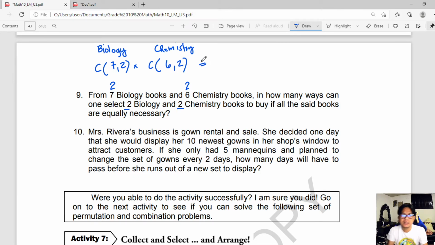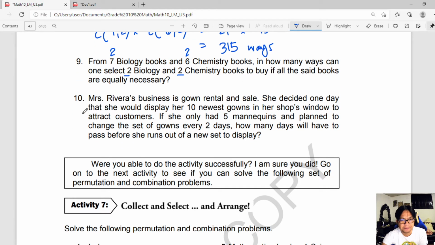So that is 7 combination 2 is 21 times 6 combination 2, that is 15. So 21 times 15, the answer is 315. So there are 315 ways you can select 2 biology books and 2 chemistry books from 7 biology books and 6 chemistry books.